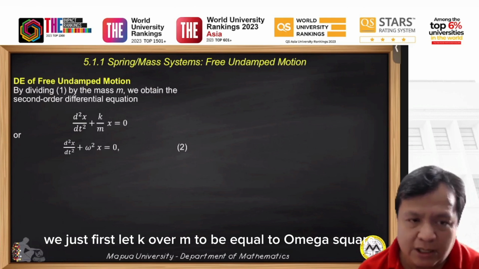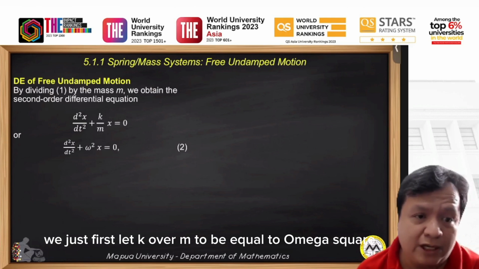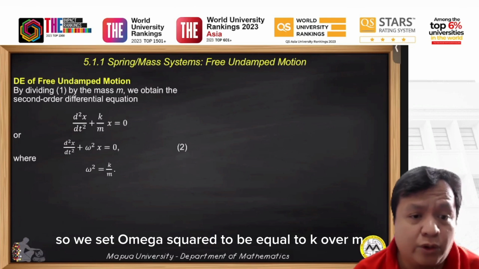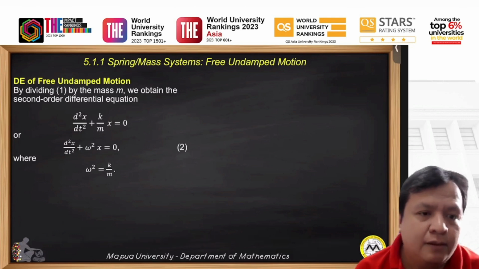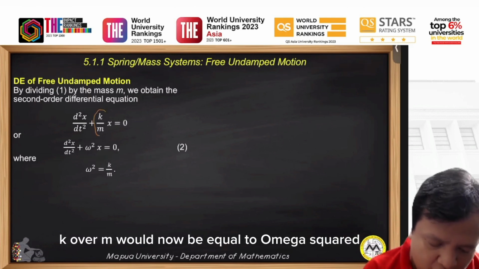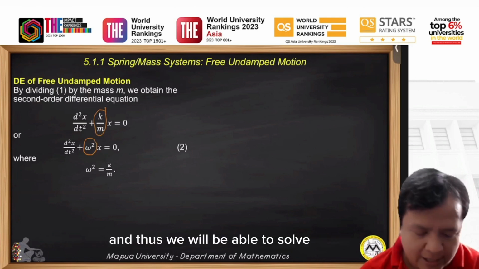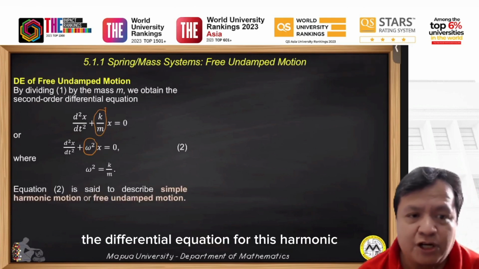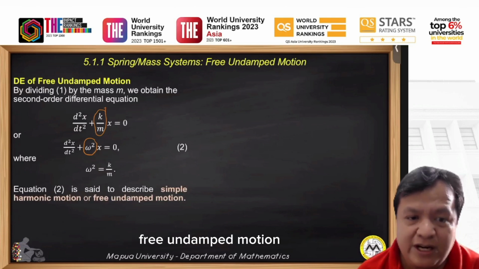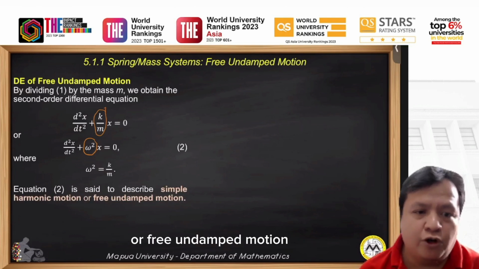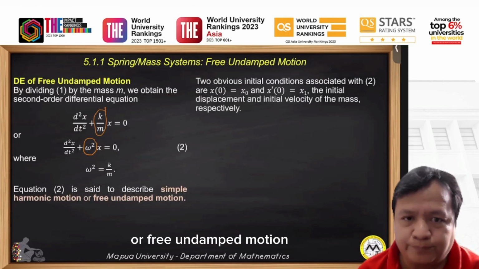So we first let k over m be equal to omega squared. So we set omega squared equal to k over m. And thus, we will be able to solve the differential equation for this simple harmonic motion, or free and undamped motion.